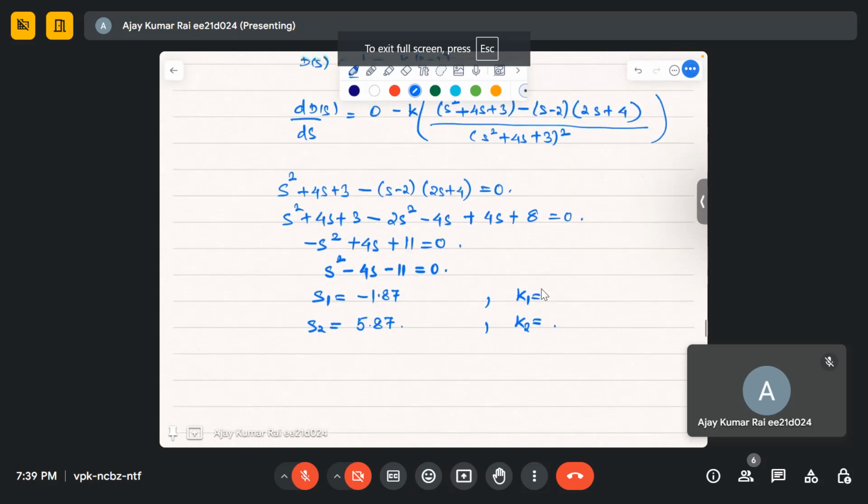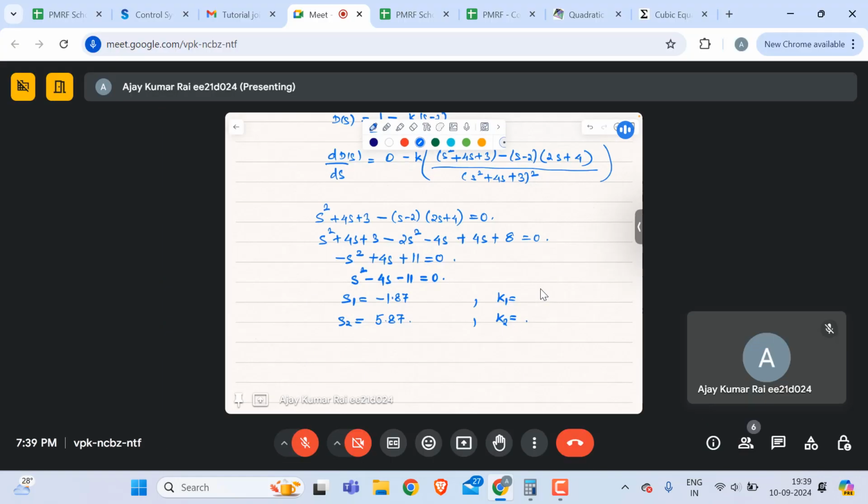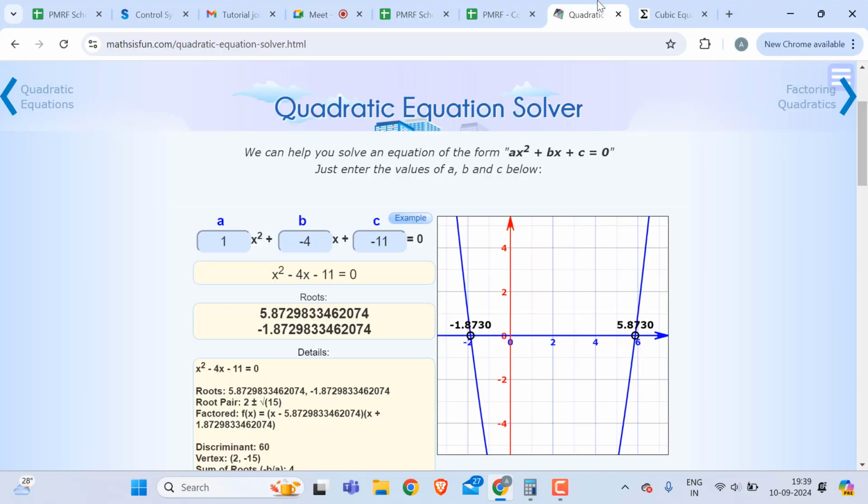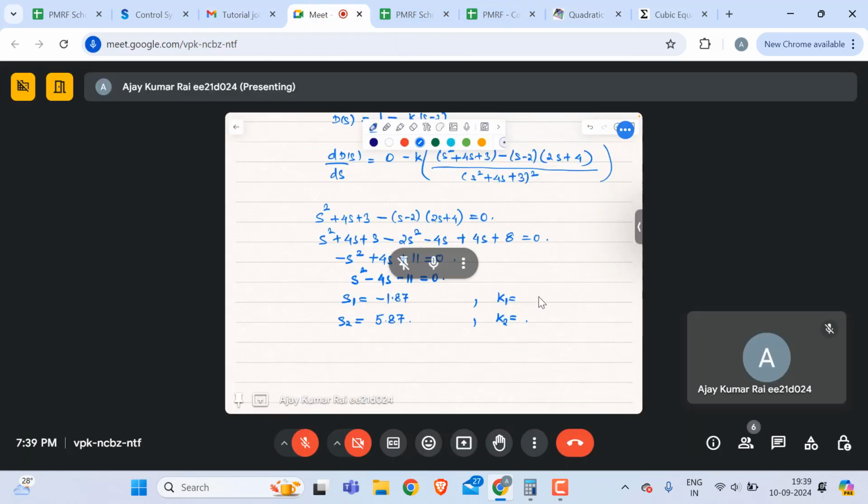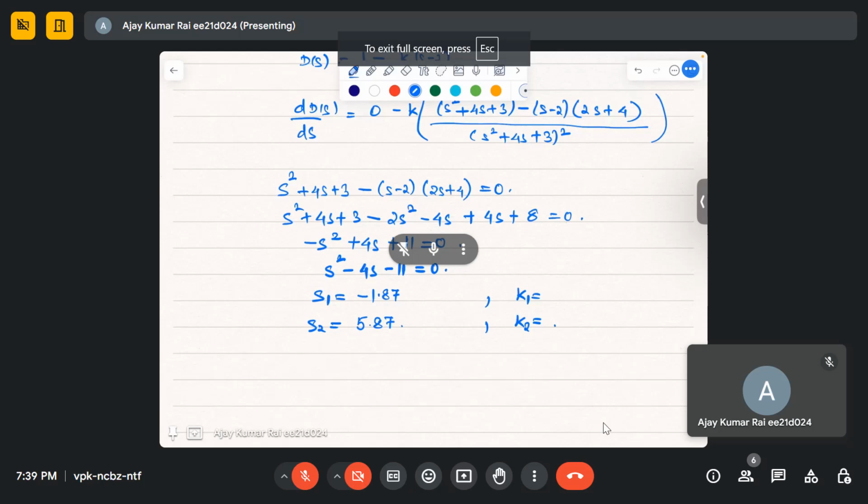So these are the two values. Please see whether I'm making any mistake or not. Let me just confirm: 1 minus 1, 11. Okay, so 2 points I'm getting.